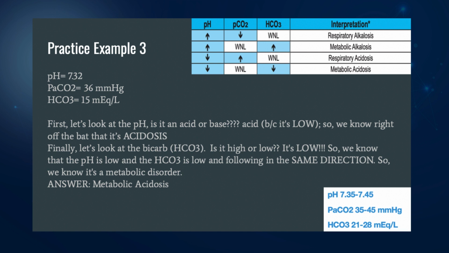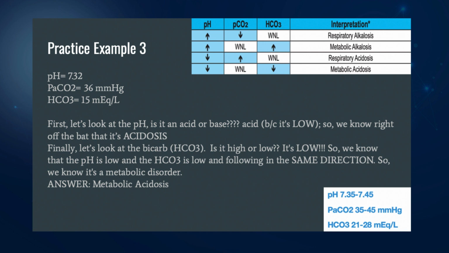The answer is going to be between respiratory acidosis and metabolic acidosis, because as we can see, the pH is lower. And then now let's look at the partial pressure of carbon dioxide. We see that it is 36. So 36 is within the normal range.